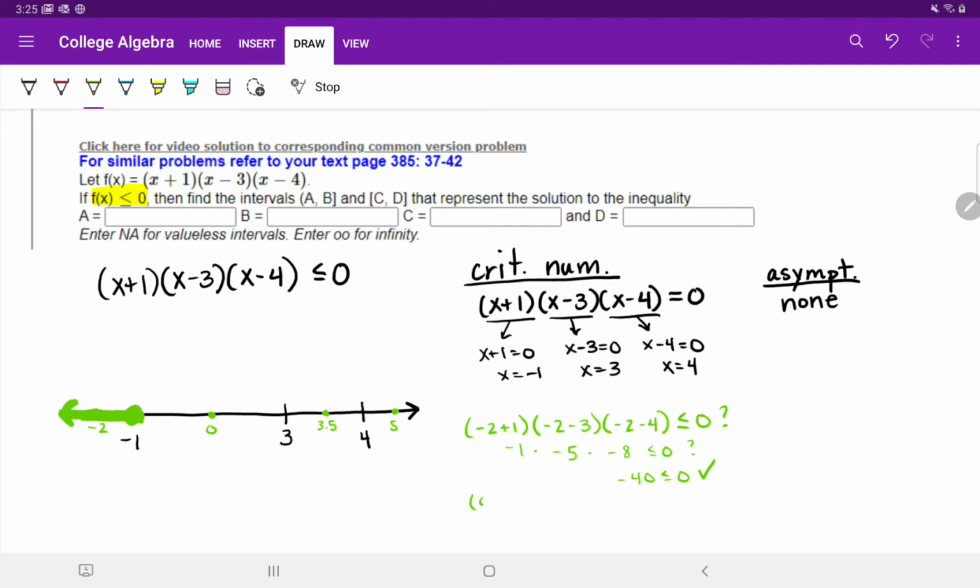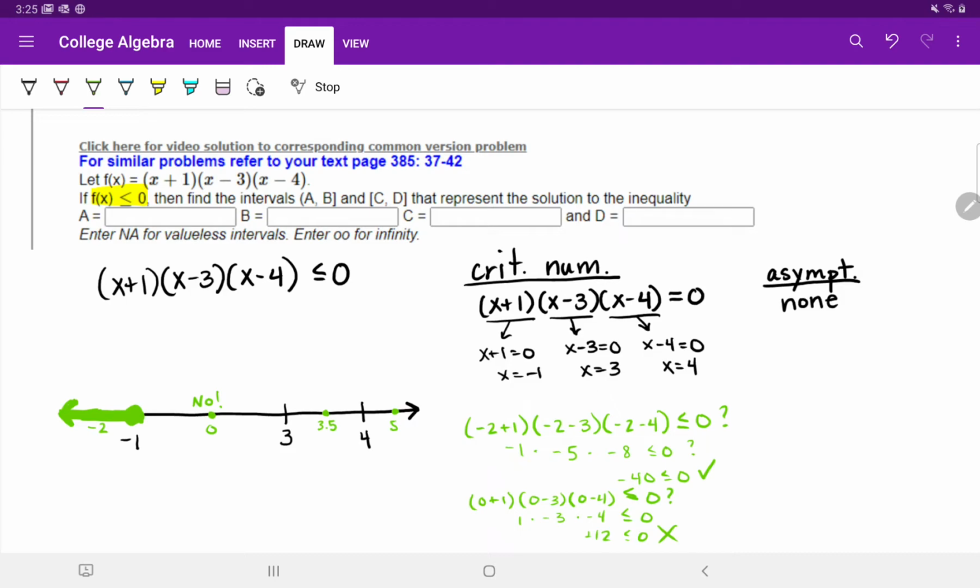So we get 0 plus 1 times 0 minus 3 times 0 minus 4. Is that less than or equal to 0? Well, that'll give us 1 times -3 times -4, less than or equal to 0. Positive 12. That is not less than or equal to 0. So no, these are not included in our interval.